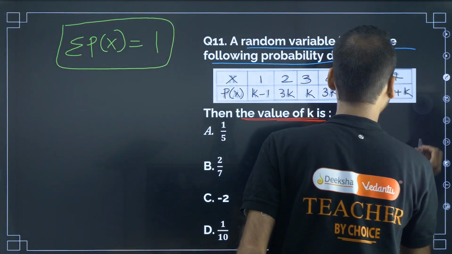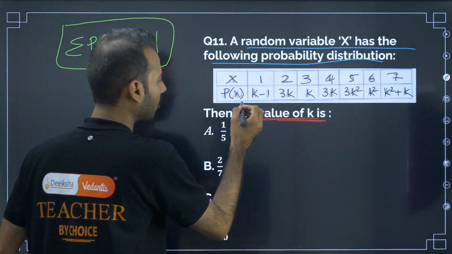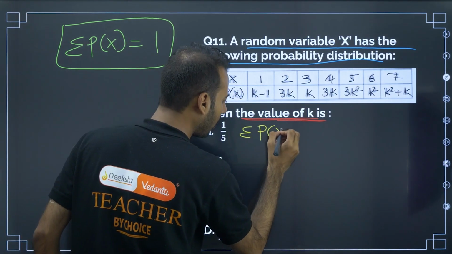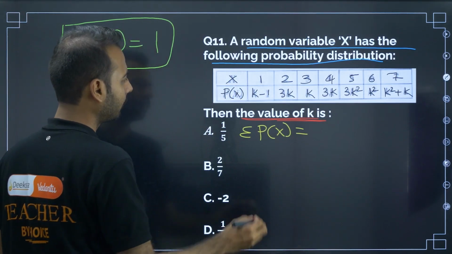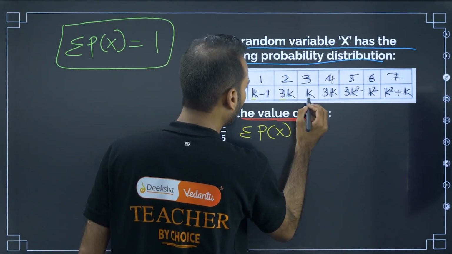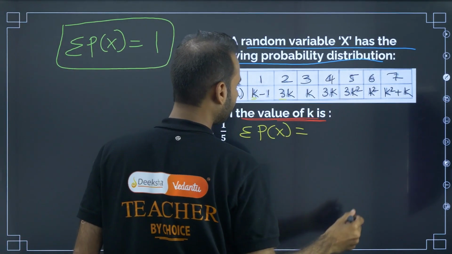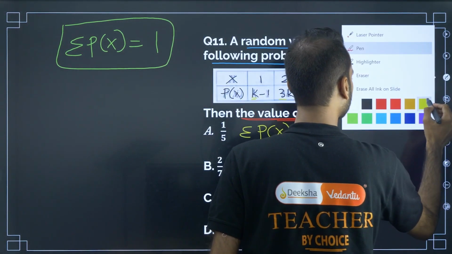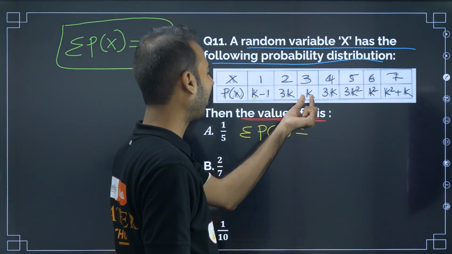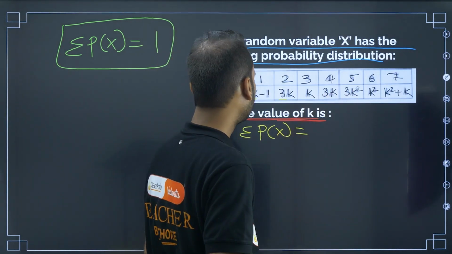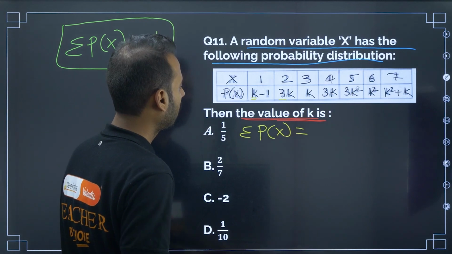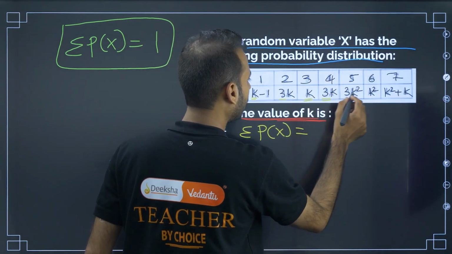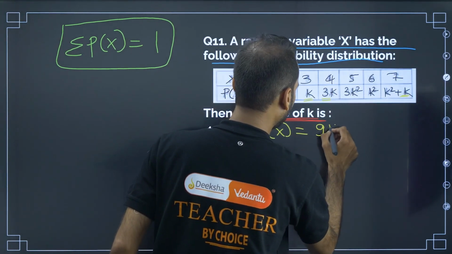So how to use this equation? Now if you observe, if I add all the values, the summation of p of x: adding all the k terms, 4, 5, 5, 3, 3, 4, 5, 3, we get total 9k.